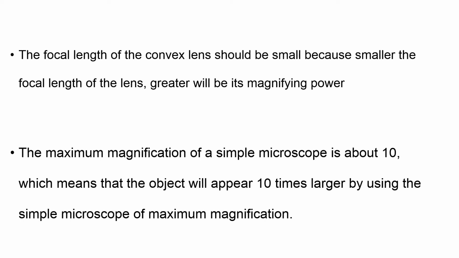So if you have an object which is 5 centimeters long and you use the simple microscope to view it, it will multiply it 10 times. Hence, the size of the object becomes 50 centimeters. That is what you'll be seeing.